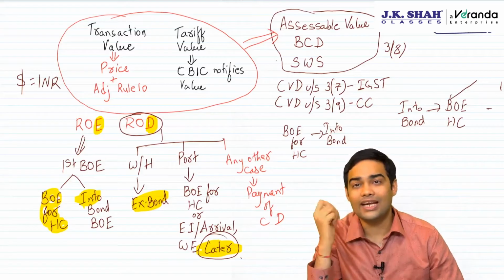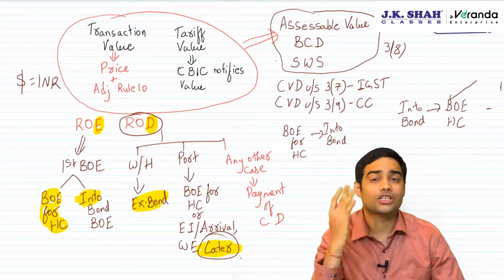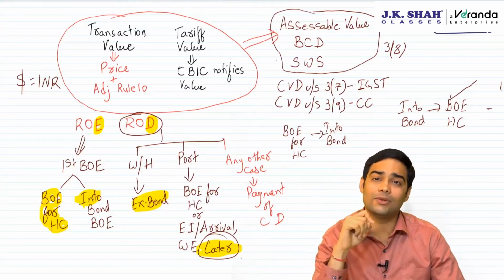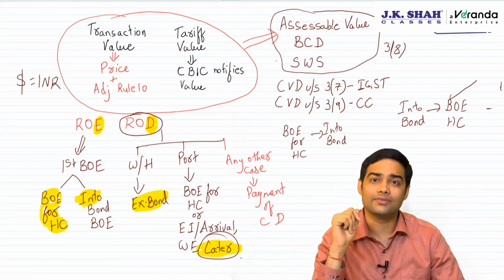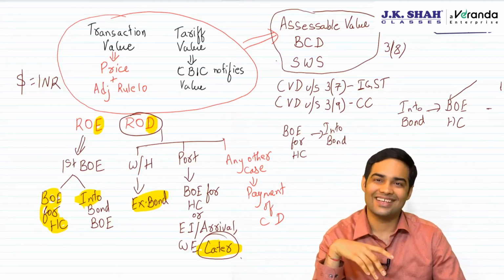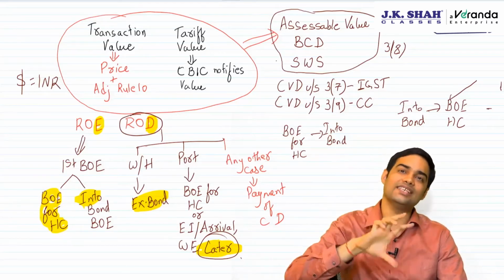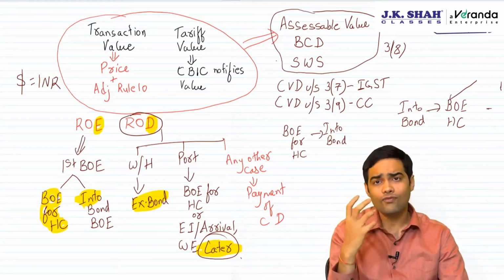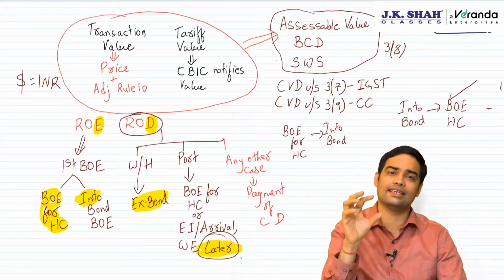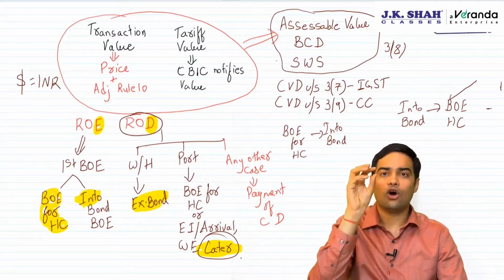If there is some error in bill of entry for home consumption, you can file an amendment. Which one will be considered? Original date or amendment? Original date will be considered. Clear with this? Yes.